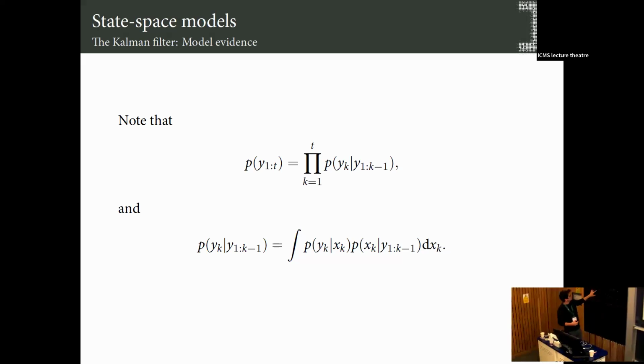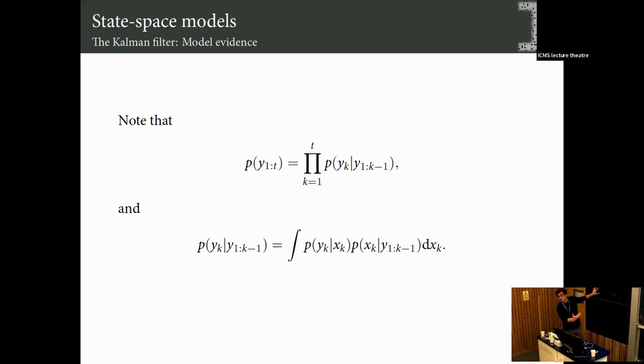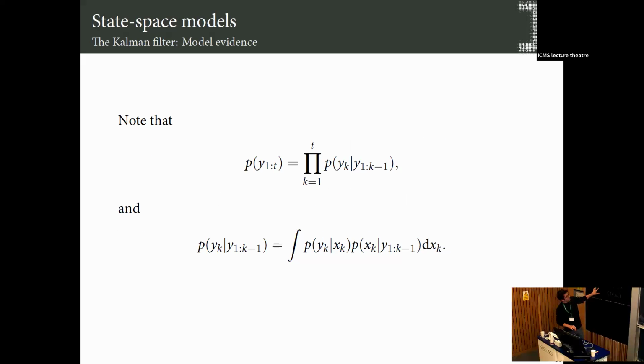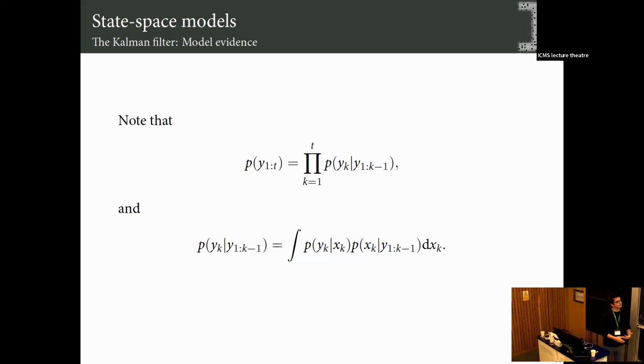You have to maximize this marginal likelihood, because we are not in a fully observed setting. You can't just directly do maximum likelihood because there are latent variables. You have to integrate them out. So this is that formula. And if you can compute this for any theta, then you can do gradient descent, for example, grad log of this, or any other optimization scheme you'd like. So this is very crucial, and it is very good that the Kalman filter can exactly give this quantity to you, because then you can use it to actually learn your A and H and all that other stuff from data.